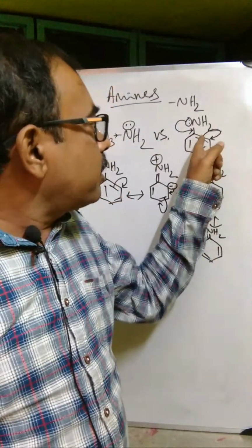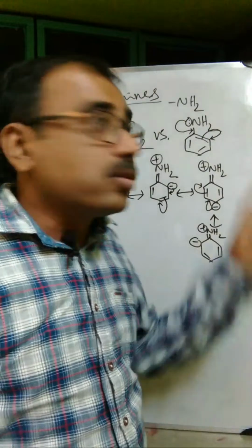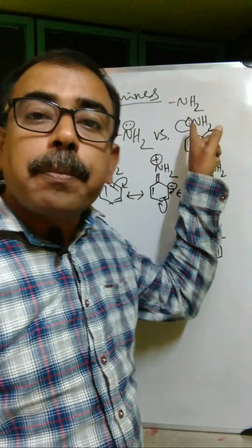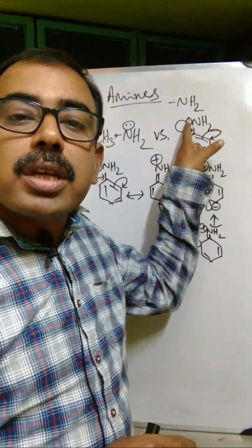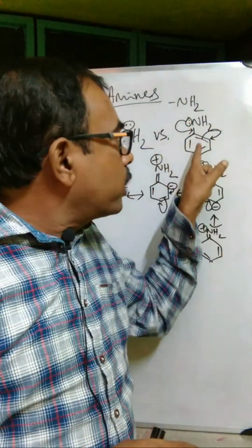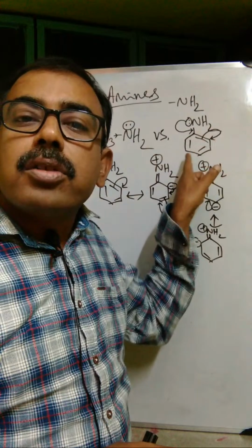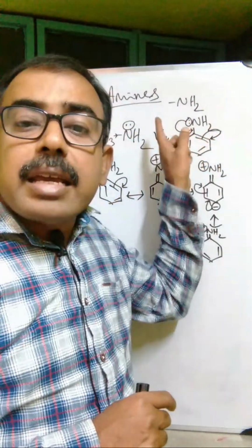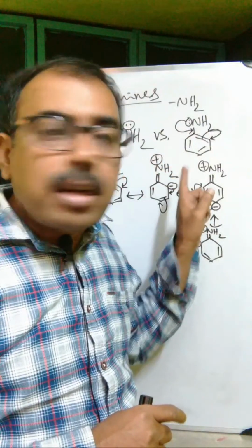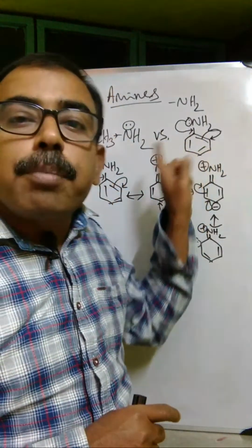On the other hand, in case of aniline, the lone pair of nitrogen is in conjugation with the pi electrons of benzene. I repeat, the lone pair of nitrogen is in conjugation with the pi electrons of benzene.